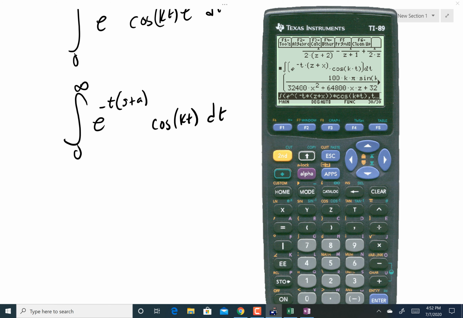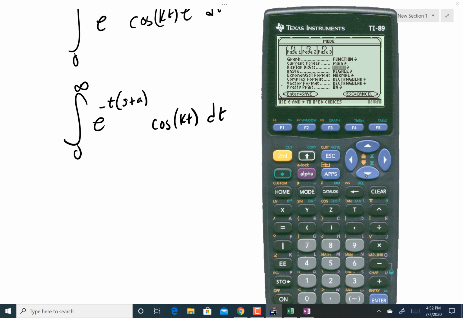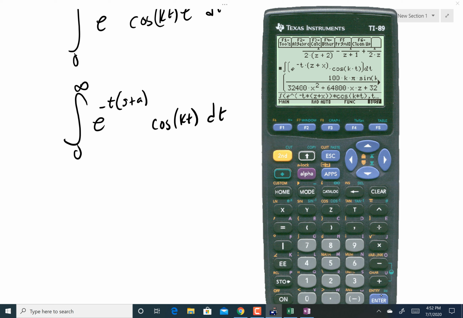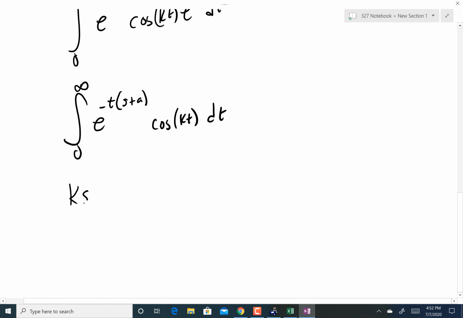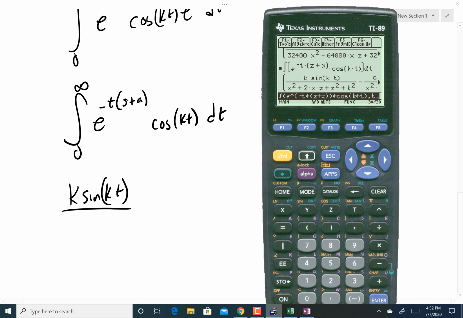Okay, so here it is. Oh, good Lord. We're in degrees. That's a problem. You need to be in radians. That's more better. Whew! So it's k sine kt. I'm going to write that down. K sine kt over. Now, this mess on the bottom, you're like, what is that? Just bear with me.